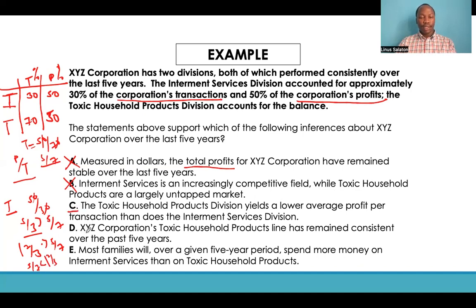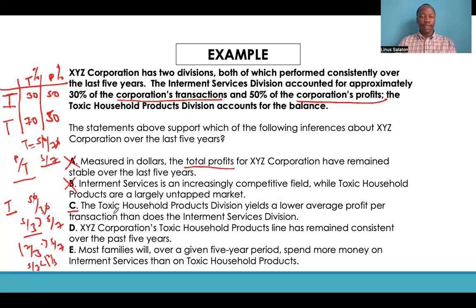We go to D. XYZ Corporation's toxic household product line has remained consistent over the past 5 years. We can go back to the first sentence of our stimulus. XYZ Corporation has 2 divisions, both of which performed consistently over the last 5 years. That is the only section in our stimulus where consistency is mentioned.